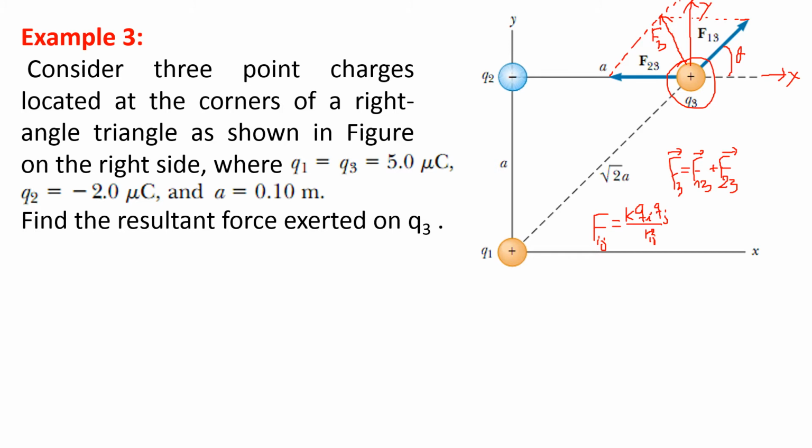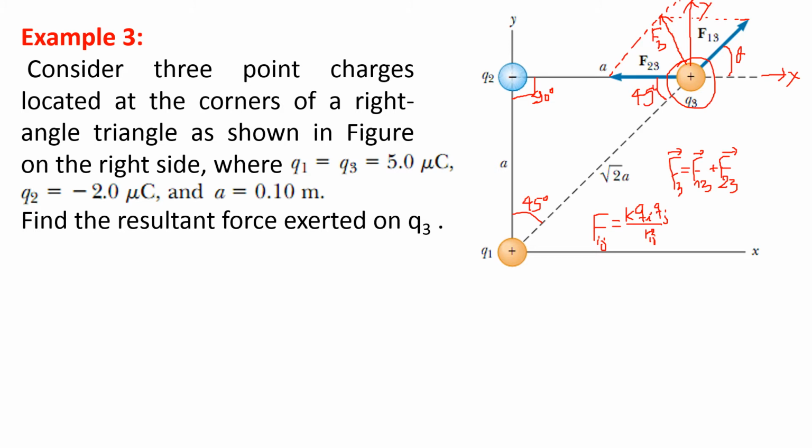And here we have a triangle. This is an isosceles triangle. In this isosceles triangle, this angle is equal to 90 degrees. And we know that the total angle in a triangle is 180 degrees. If this side is equal to this side, this angle is equal to 45 degrees, and this angle is also equal to 45 degrees.